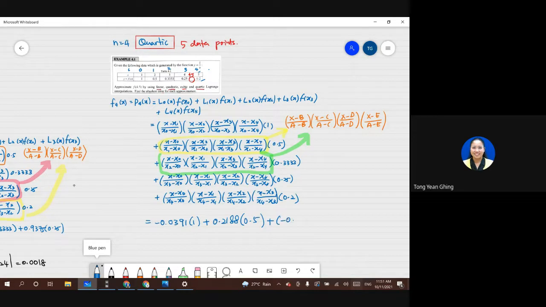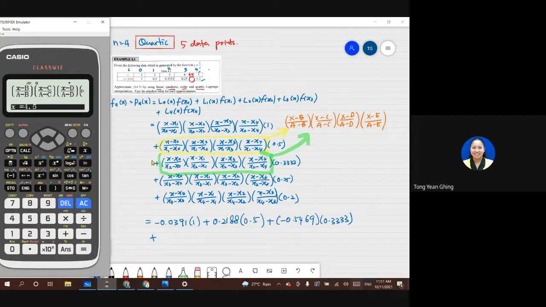Negative 0.5469 times 0.3333, plus one more, actually two more. Plus this one, calculate again. Look at here. x is still 4.5. b is still x0, which is 1.